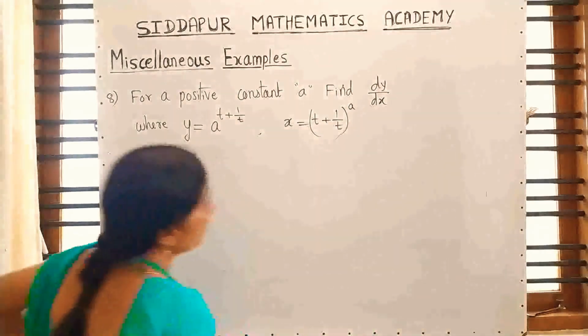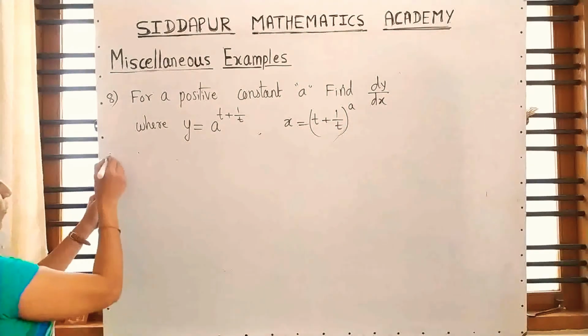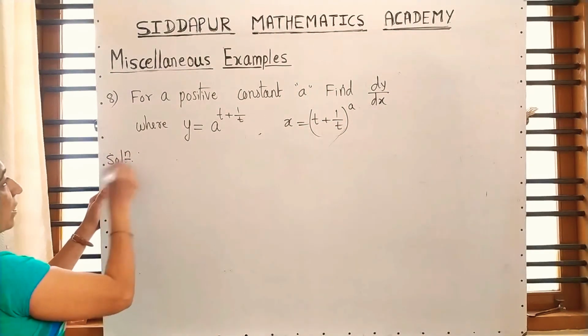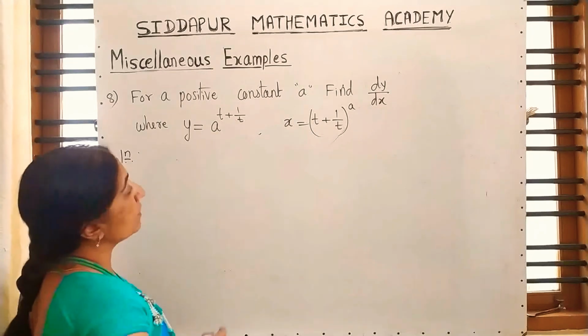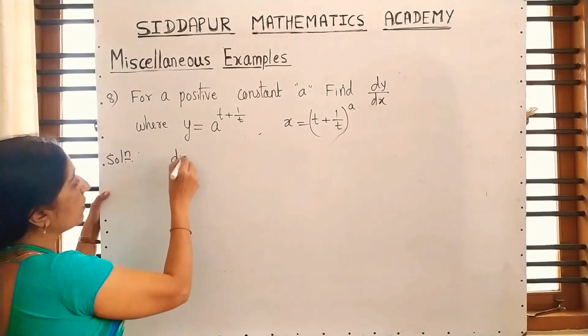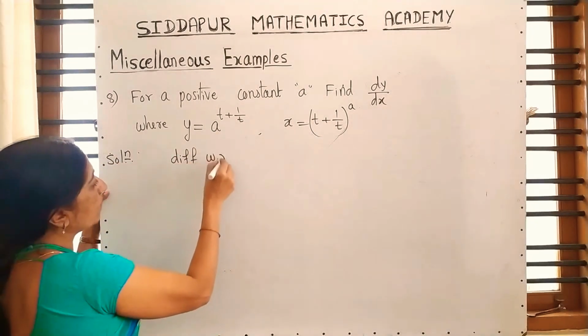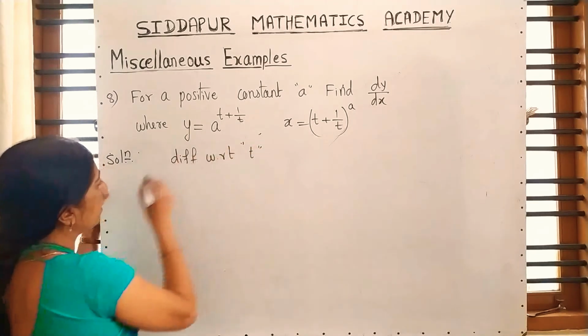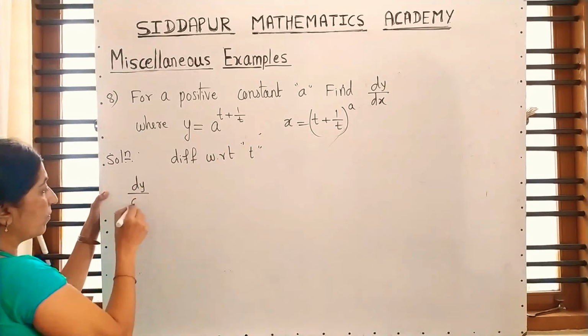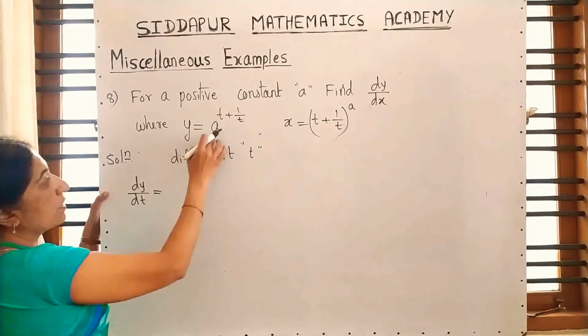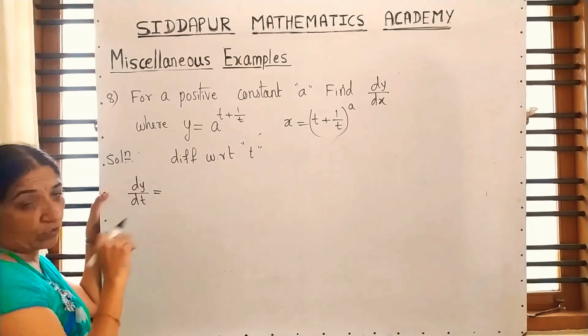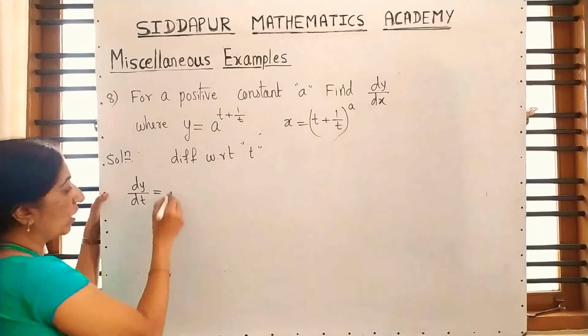See, very simple it is. It is a parametric equation and it is already given. A is a constant. That means we have to differentiate with respect to t. Other than a, t is the variable. Dy upon dt is equal to, it is in the form of a raised to x. In one of the previous examples, I gave the formula.